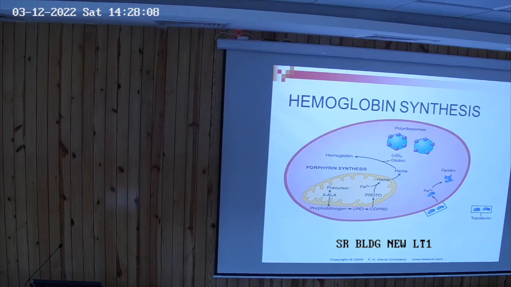We have initially broken down hemoglobin into heme and globin. When we are talking of heme, the synthesis takes place in the mitochondria. When we are talking of globin, it takes place with the help of ribosomes, that is in the cytoplasm. These are the two main sites where hemoglobin starts its formation in the intermediate normoblast.